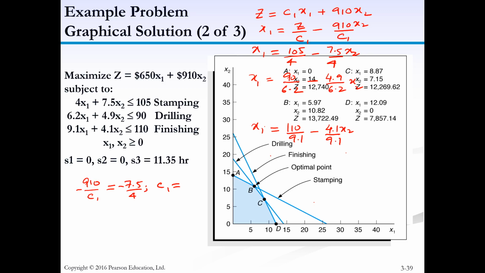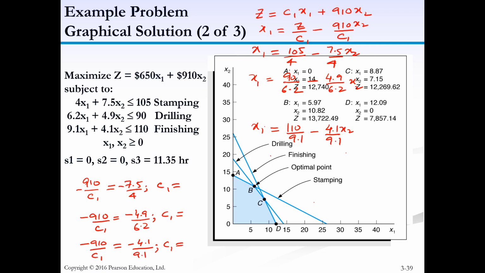Then similarly, 910 over C1 is equal to 4.9 over 6.2, and C1 is equal to. And the third one is, again, 910 over C1 equals the third constraint slope, 4.1 over 9.1, and C1 is equal to.